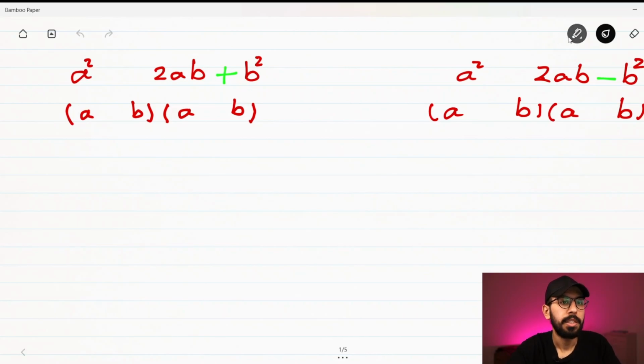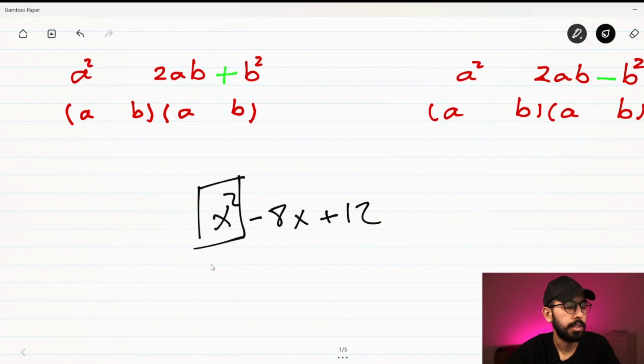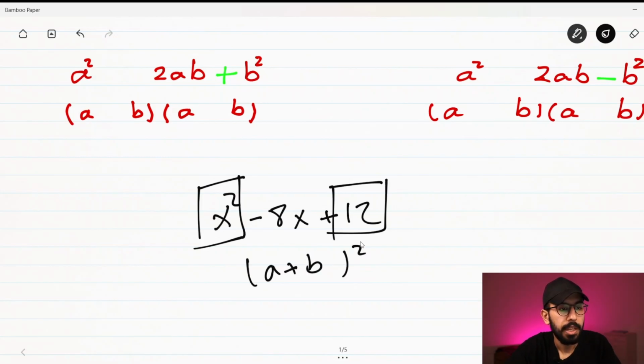So let's take a simple example first so we can understand the concept. In this example, the first term is a squared. The last one is not. We cannot take the root of 12, so it is a little bit hard to put it in one square with an (a plus b) squared quantity.